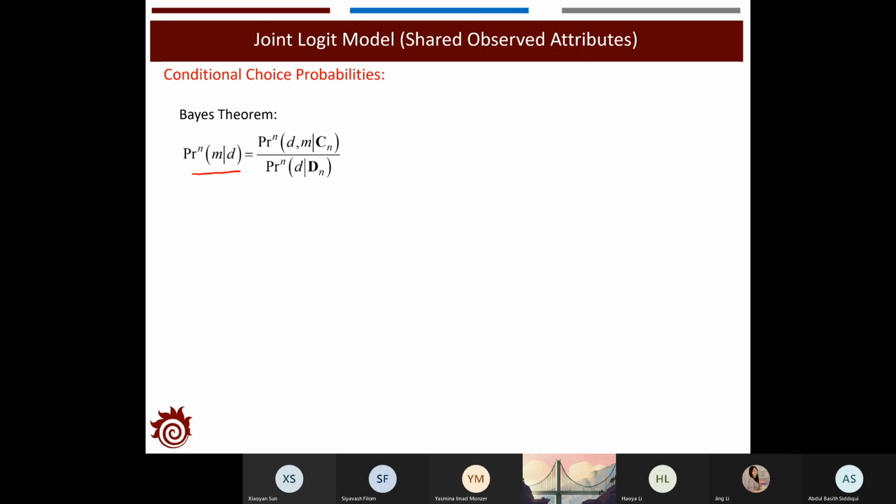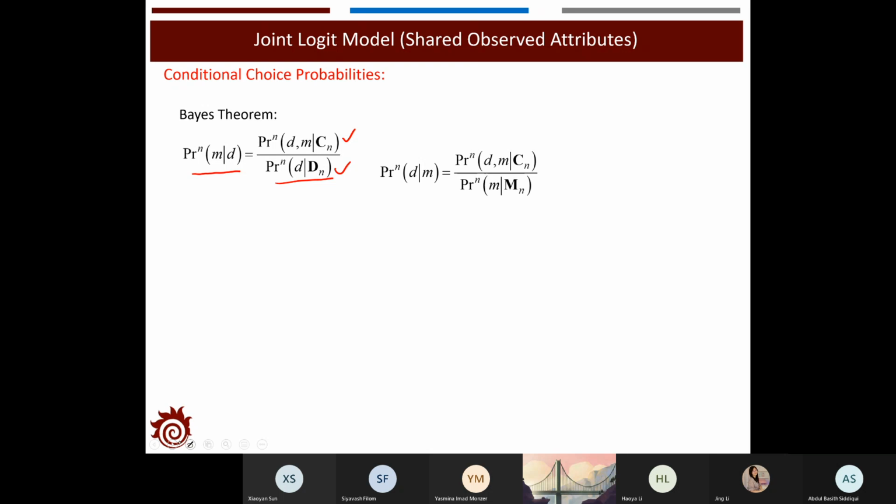The probability of mode M given destination D is the joint mode-destination probability divided by the marginal probability of D. We know the joint probability and have already derived the marginal probability for the destination D, so putting them together, we can quickly find the formula for the conditional probability.